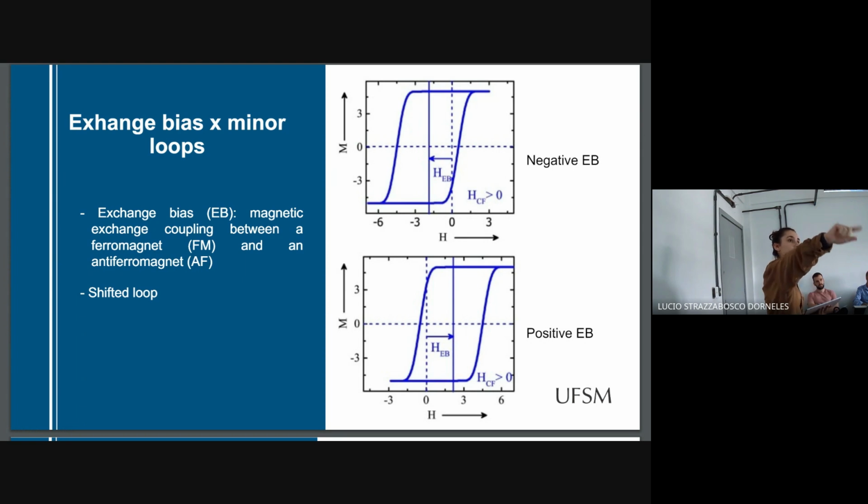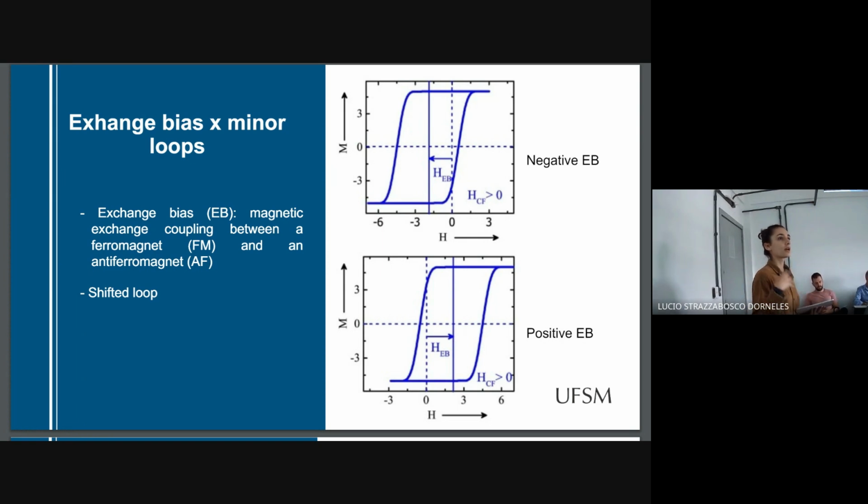Both images I put in there are for the exchange bias. You can see where the dotted lines cross each other is the center of the axis, and the hysteresis curve is shifted to the left, but it can also be shifted to the right.